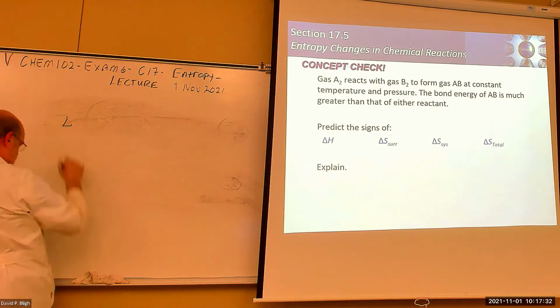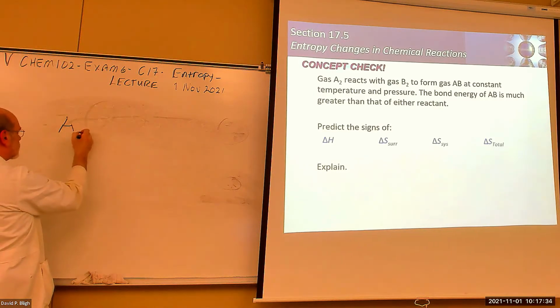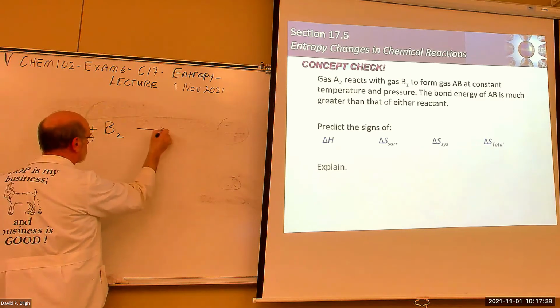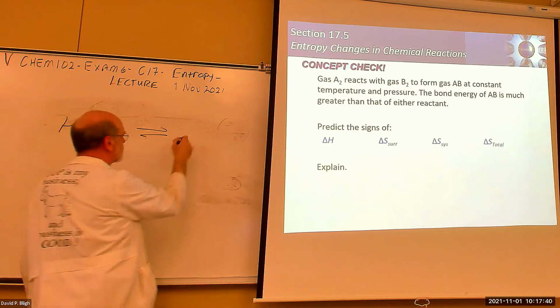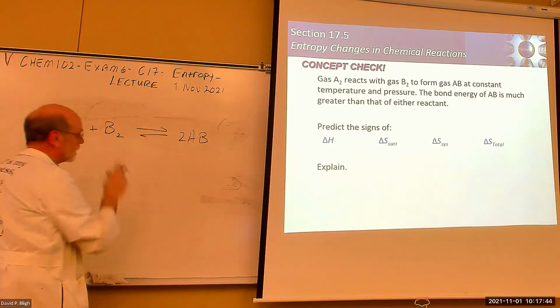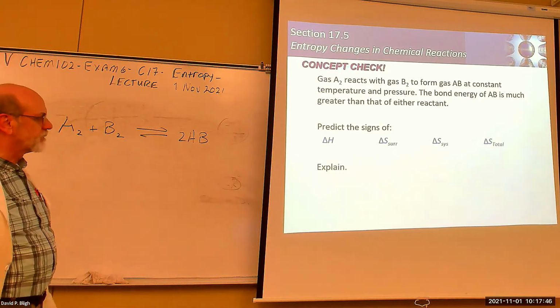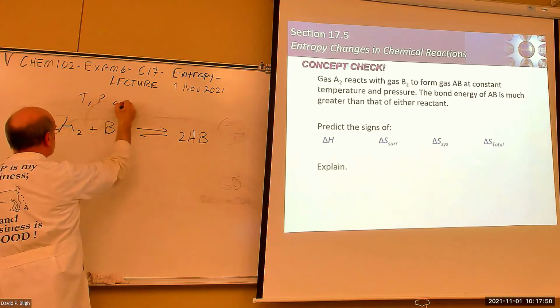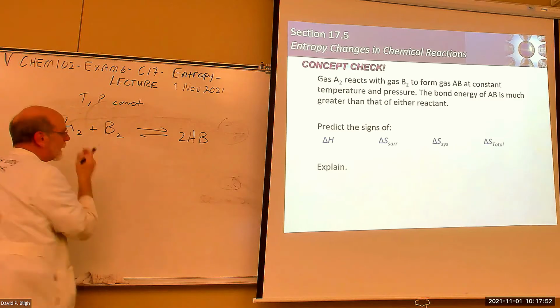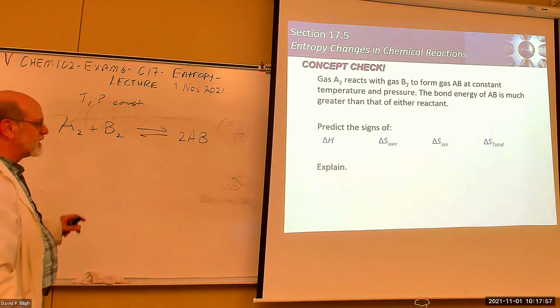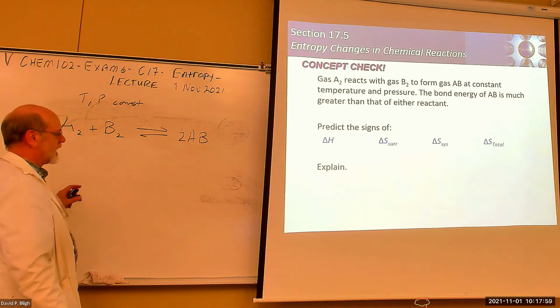Put A2 plus B2 yields AB, so we have to have two of them. And then constant temperature and pressure, T and P constant.